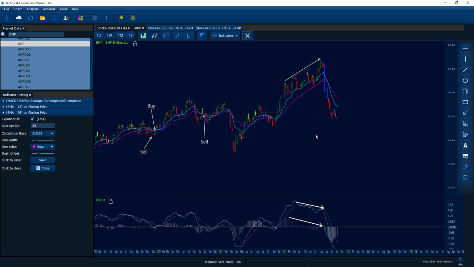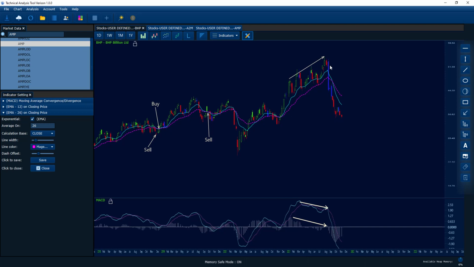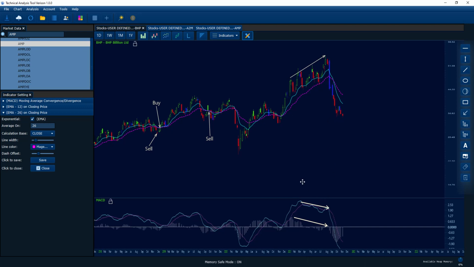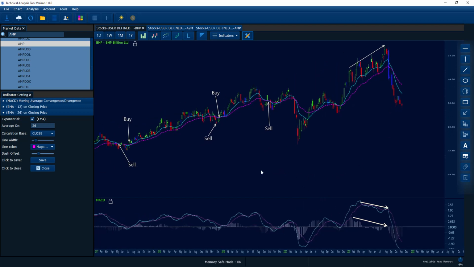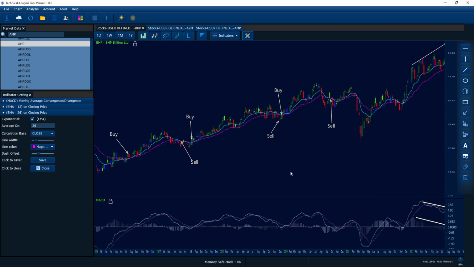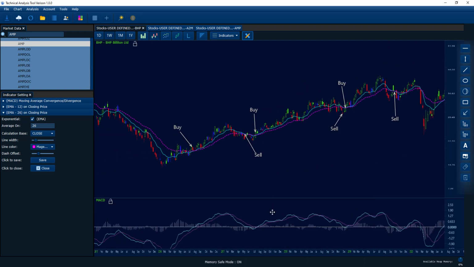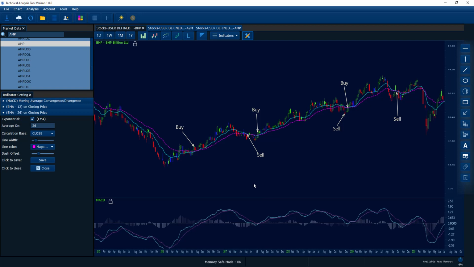As you can see, this time BHP has a very abrupt fall sometime after this divergence appears. So that's the MACD divergence and the histogram divergence.